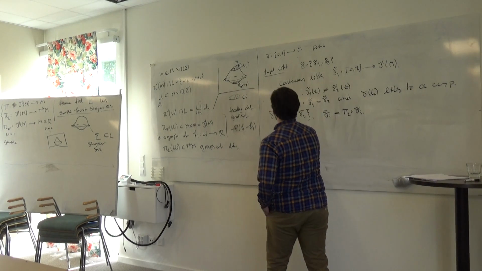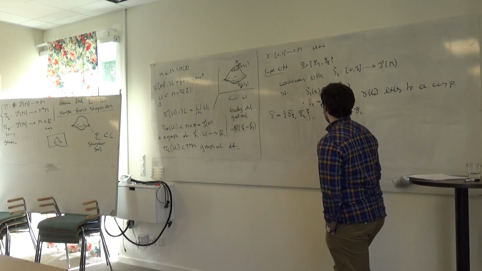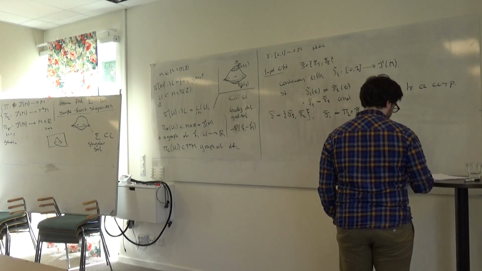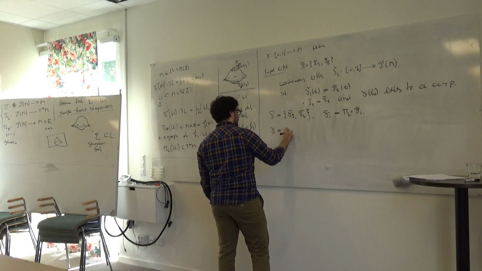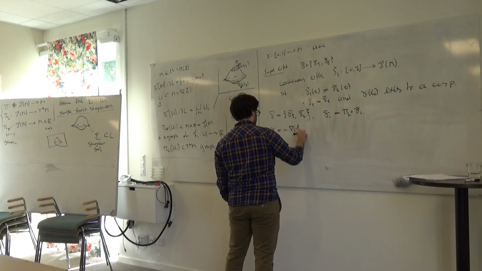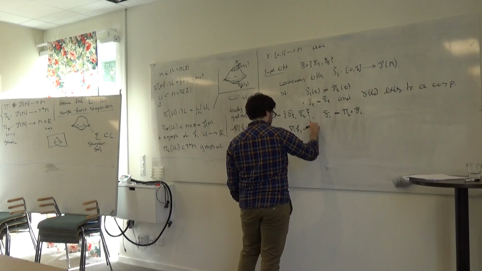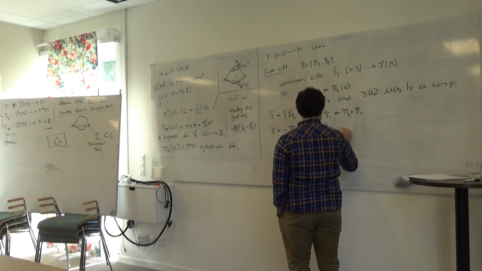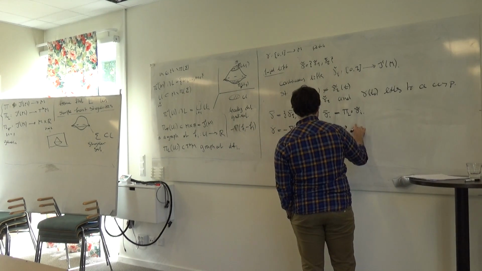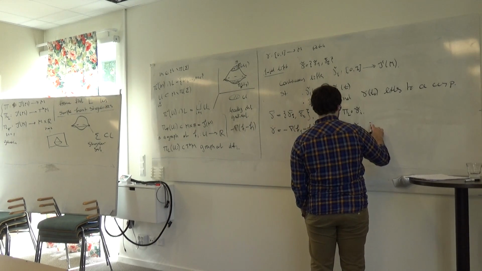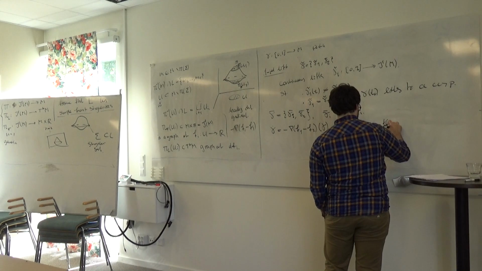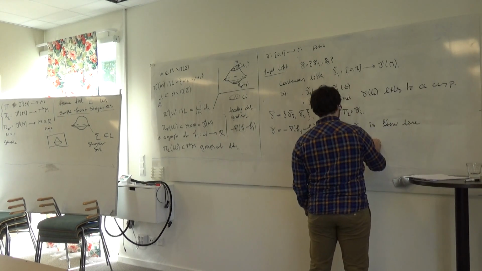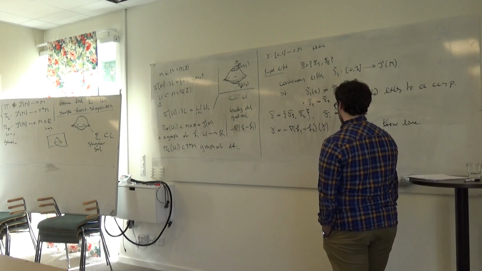So if this path satisfies the gradient flow equation, then we say that gamma is a flow line of L.